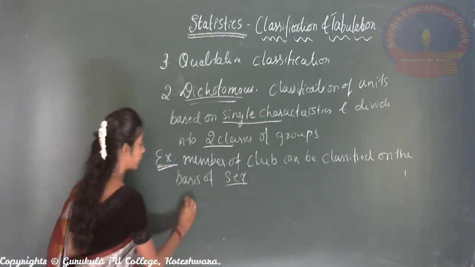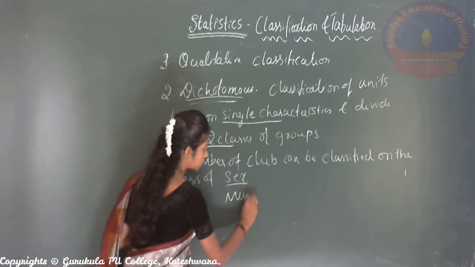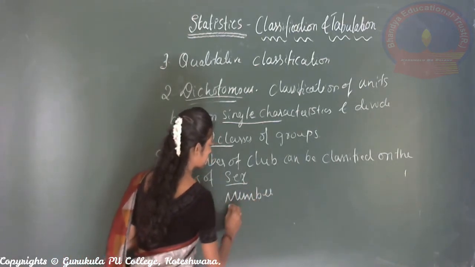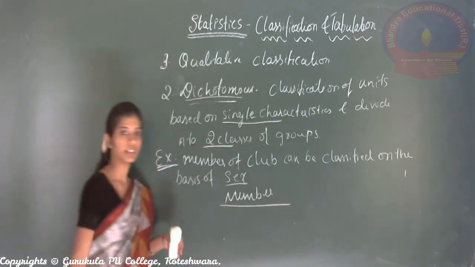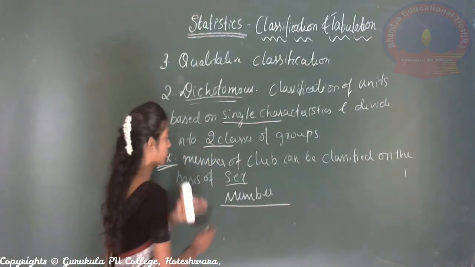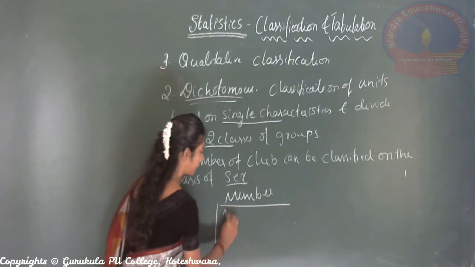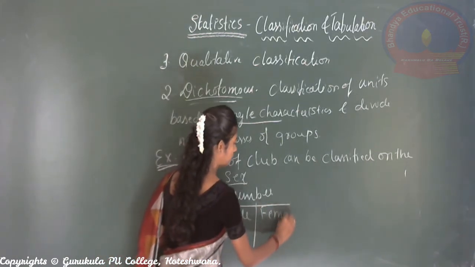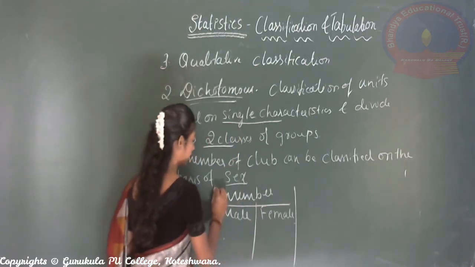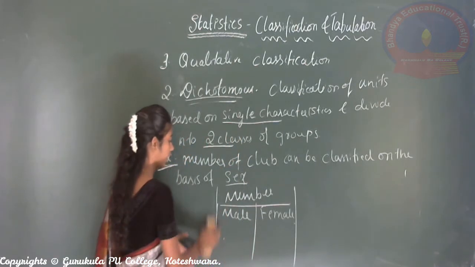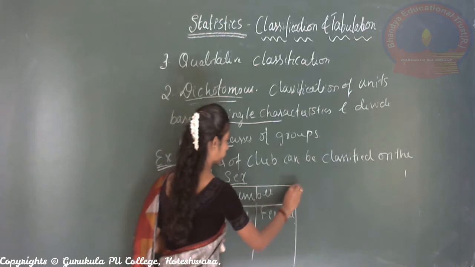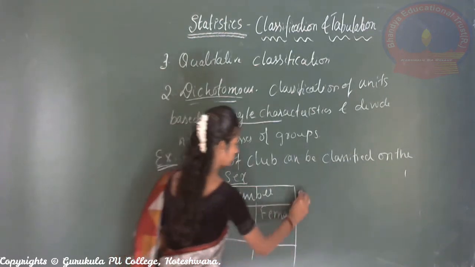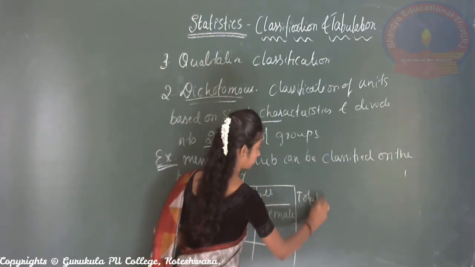So here members I can divide as the two subgroups, that is male and female, and finally the total.